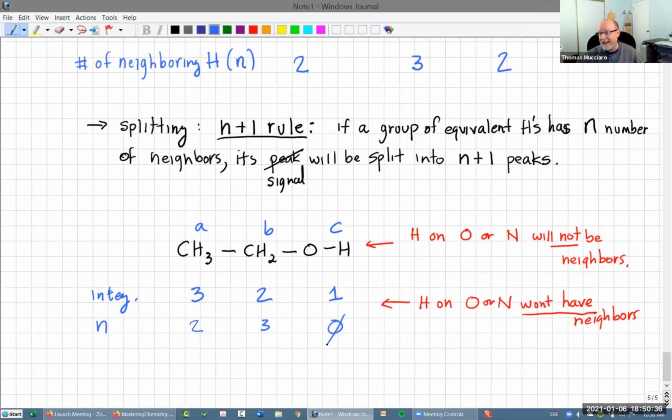These OH hydrogens and NH hydrogens behave differently. They don't act like neighbors and they don't have neighbors. Okay? All right. So what will the peaks look like?